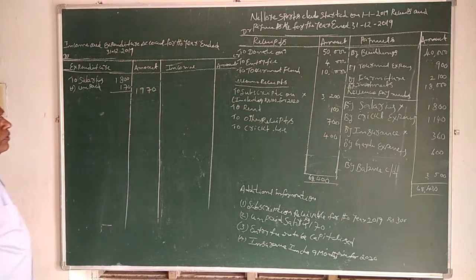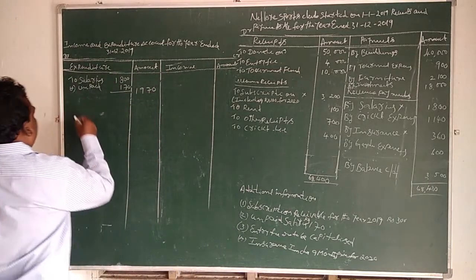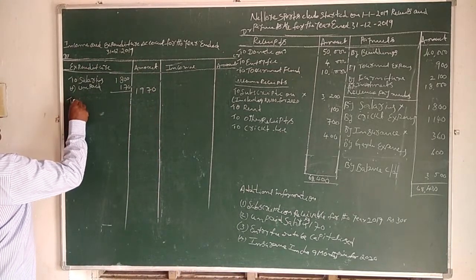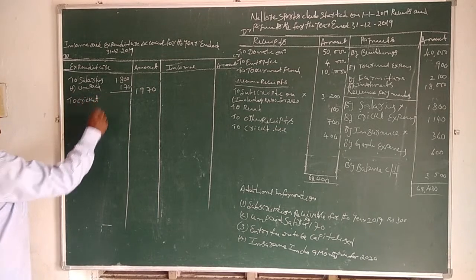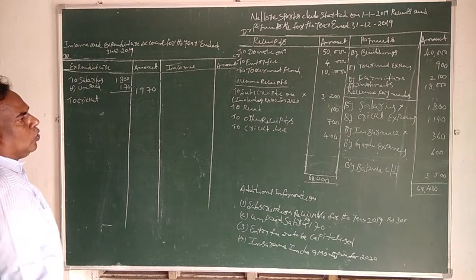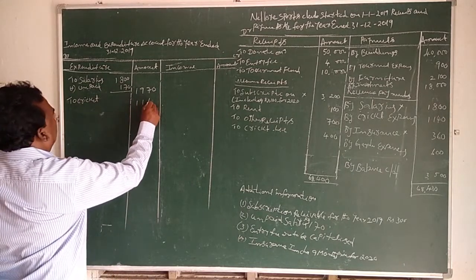That is 1,970 rupees. Next, cricket expenses: to cricket expenses 1,140.